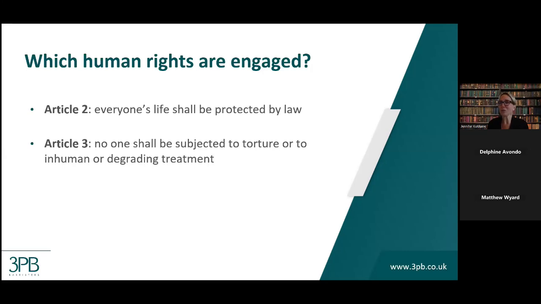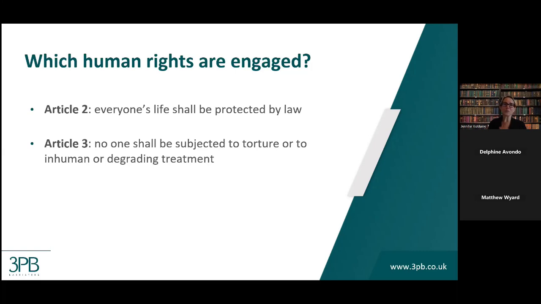This includes children. And this also has been interpreted as the state being required to take appropriate steps to safeguard the lives of those within their jurisdiction. So there's the safeguarding element, which is understood to be part of Article 2.